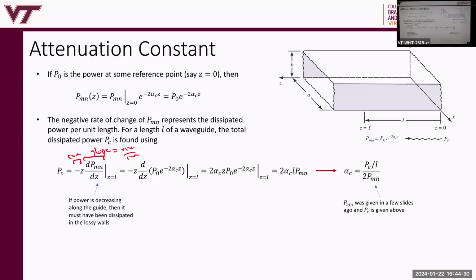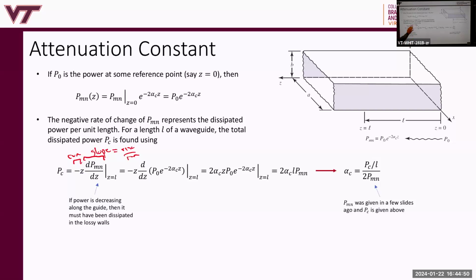Then the change in the power is going to be equal to the derivative of the power in the mnth mode with respect to z, times z. And it's decaying, so it's a minus. Does everybody understand this formula? Okay, good. So we evaluate that at z equal to L.